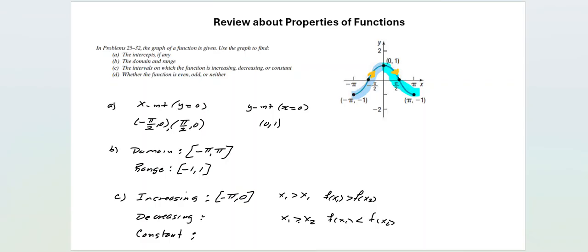So with two values of x, when you evaluate them in your function, depending on the values of the function, you will know if the function is increasing or decreasing. Okay, so as I said, the interval of decreasing would be the interval that goes from 0 to pi.